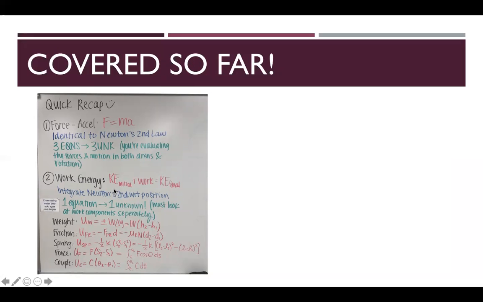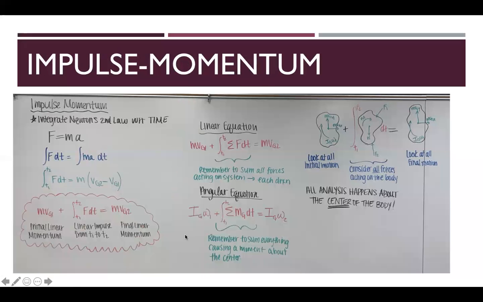But with work energy, you have to know some kind of change in position, because you're integrating with respect to s, or position. With impulse momentum, if you're given a time frame, that's when you're going to use impulse momentum, because you're integrating with respect to time now. So this entire equation is based on time.